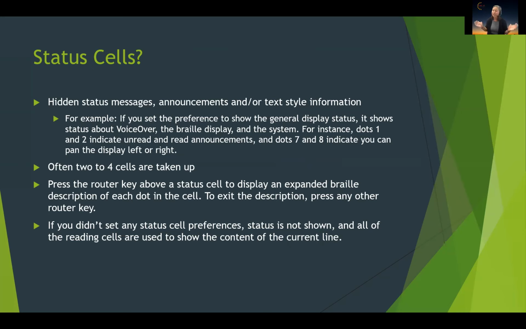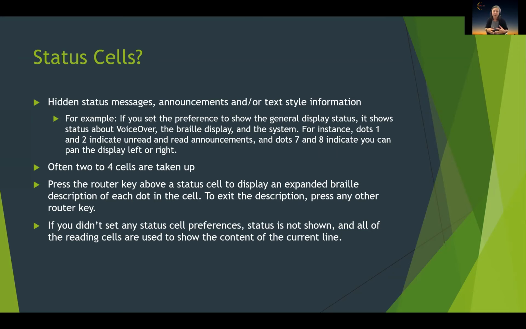All right, so I talked a lot about status cells last session, and so here's some more robust information about status cells. I wanted to quickly get through the actual apps last session and not focus too much on this, so I hope this helps clarify. It's kind of like a hidden status message, as I was saying earlier.